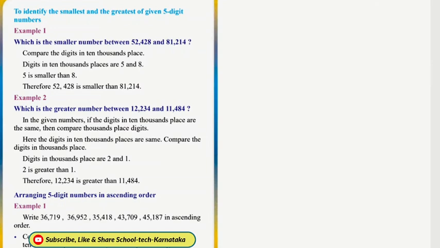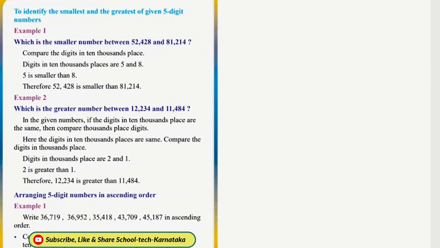But now here we have to find the smaller and the greater number for the given 5-digit numbers. So in our first example, they have given us two numbers, 52,428 and 81,214. So how do we find the smallest of these numbers?